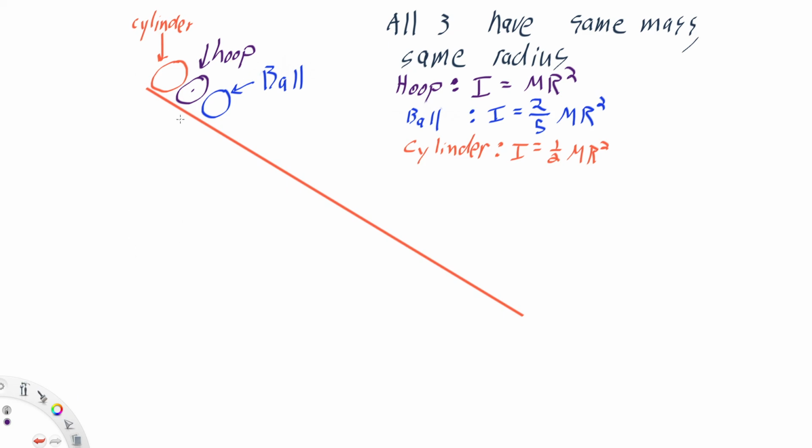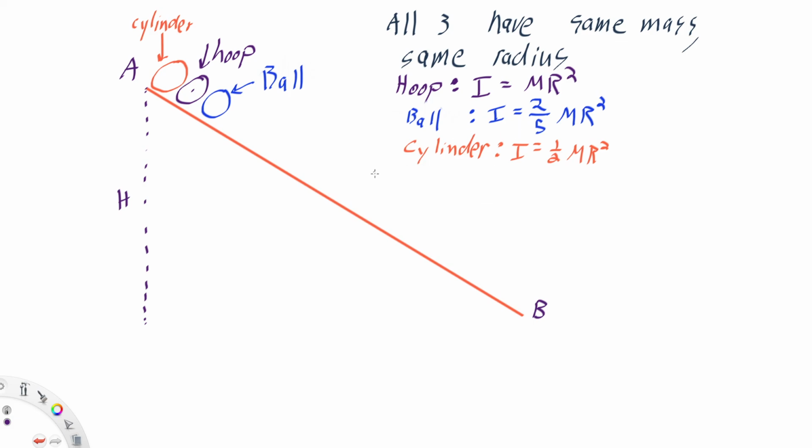And we can use conservation of energy to calculate this. If they all start at the top of the ramp, they all start a distance h above the ground. Situation A is them at the top, situation B is them at the bottom.